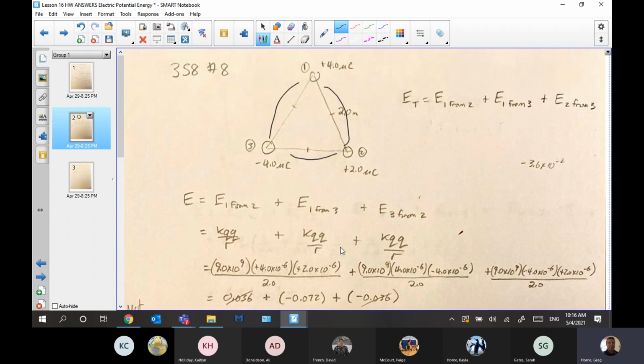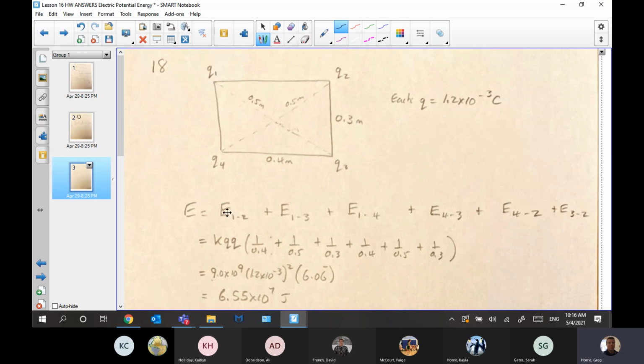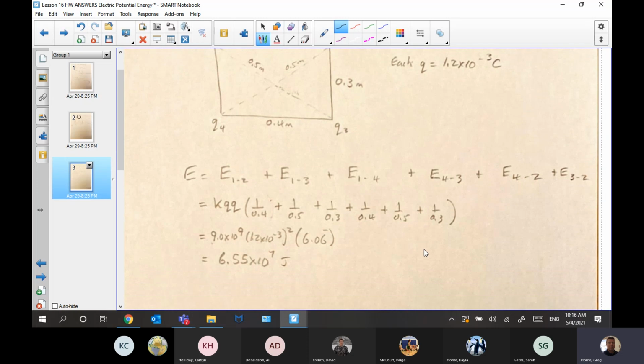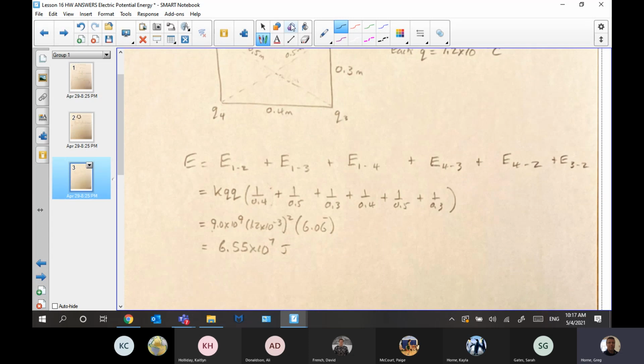I've got the electric potential energies there. And then in this one, I've calculated the diagonals, 1 from 2, 1 from 3. I feel like I'm calculating the force there, but it's still just energy. I don't know. I'll have to look at this one again.